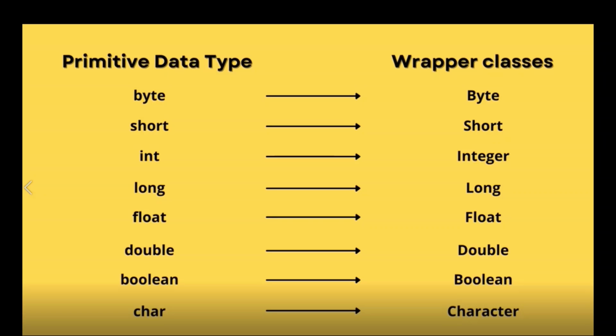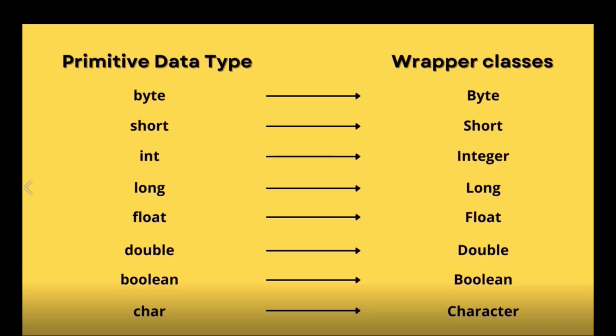Now, you may ask, why do we need the wrapper classes? Well, as we know, Java is an object-oriented programming language in which everything is treated as an object. Primitive data types, on the other hand, are not objects. They're just built-in keyword values of Java and do not belong to any package or class.